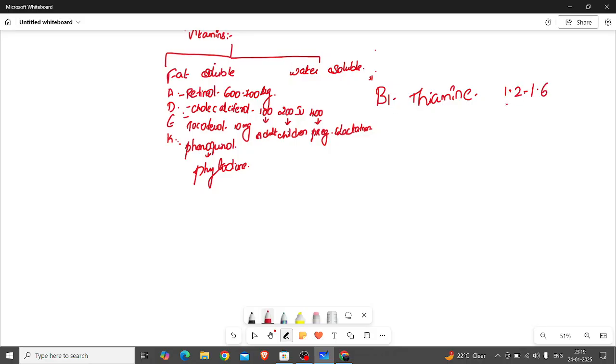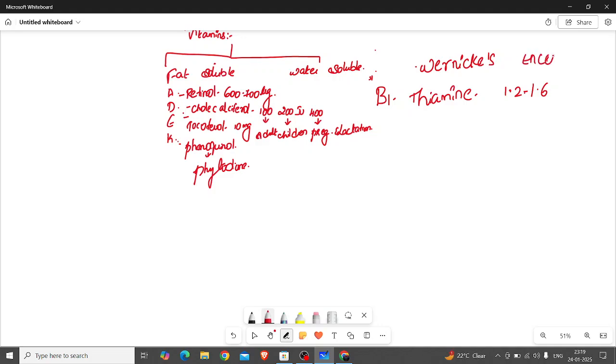This B1 thiamine deficiency leads to wet beriberi and dry beriberi. And in chronic alcoholic patients, we had already seen that thiamine deficiency will be seen, like in the question. And here it leads to Wernicke's encephalopathy.